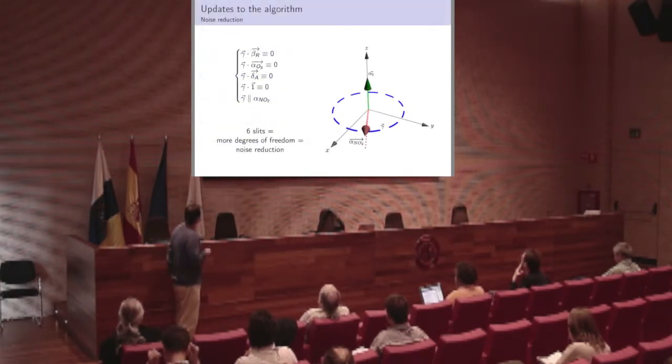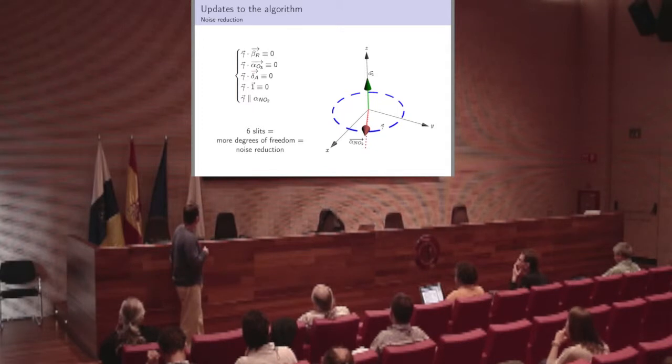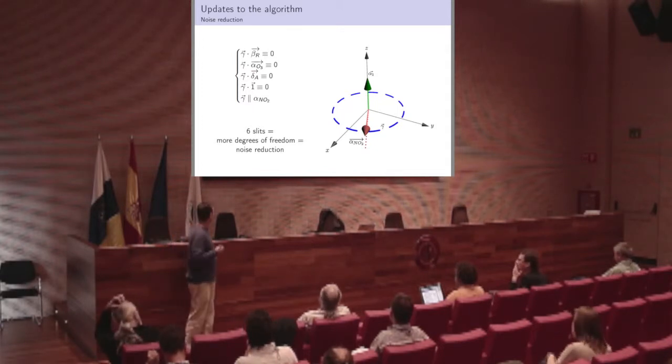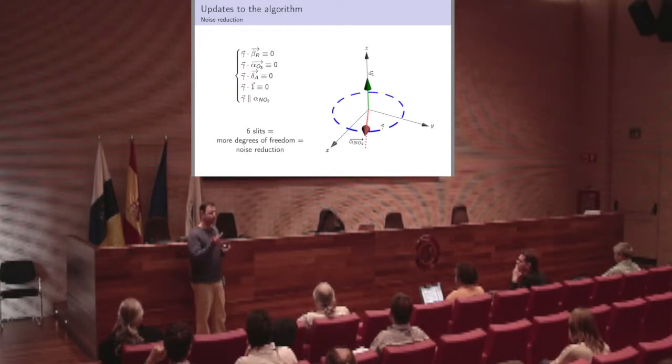Okay, the updates of the algorithm. The new algorithm uses all the 6 slits in the visible range. 4 degrees of freedom are used to cancel out the effect of the Rayleigh scattering, the ozone absorption, the aerosol extinction, and a constant term. So you end up with 2 remaining degrees of freedom.